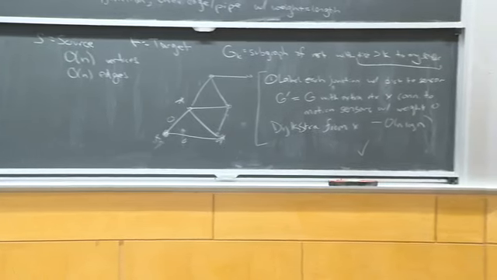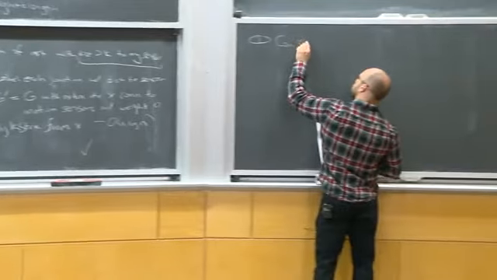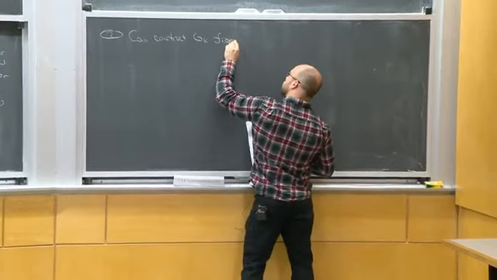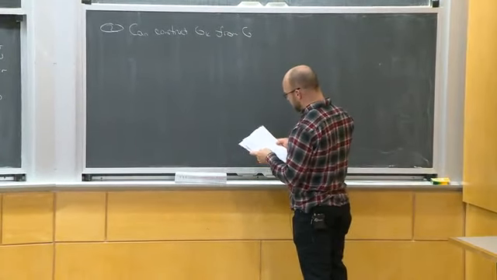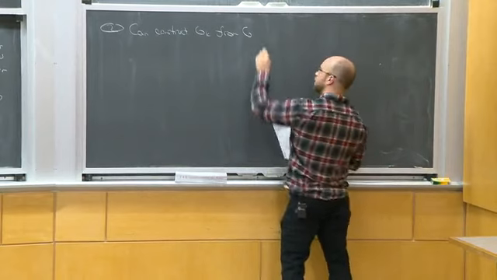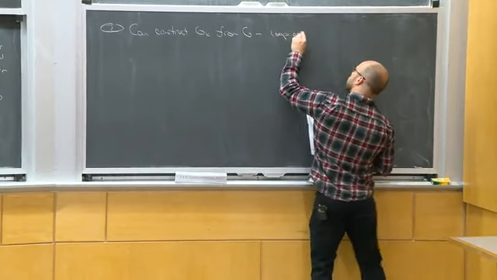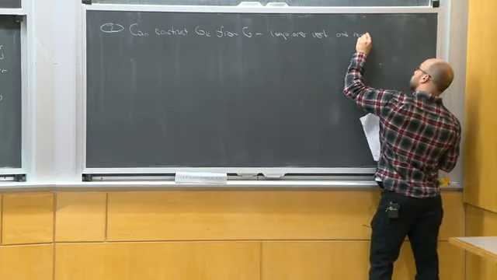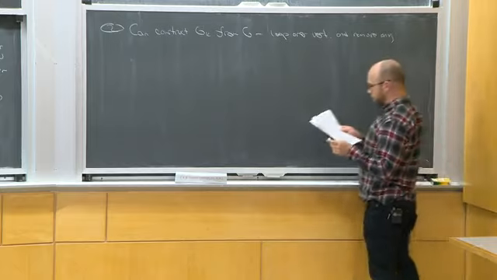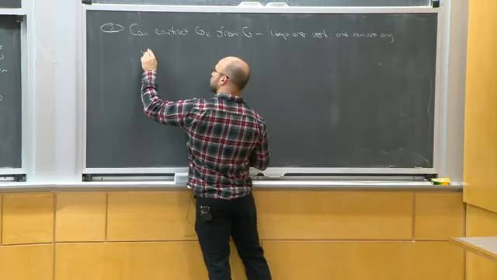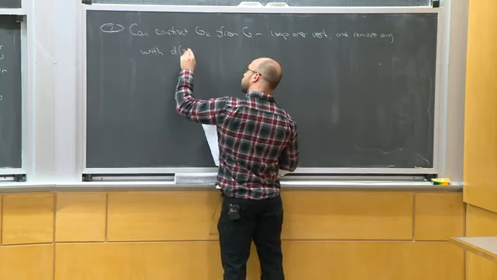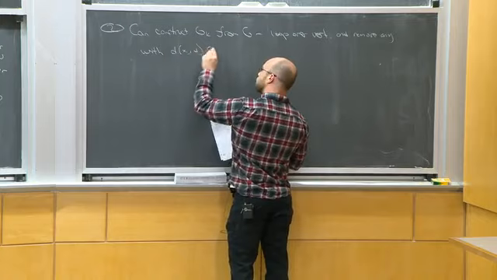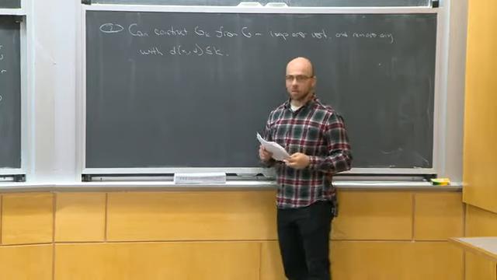So we can construct GK from our original graph G. And that's really easy to do, right? Just by looping over the vertices and removing any whose distance is too small. That makes sense, because those are the ones that are dangerous.